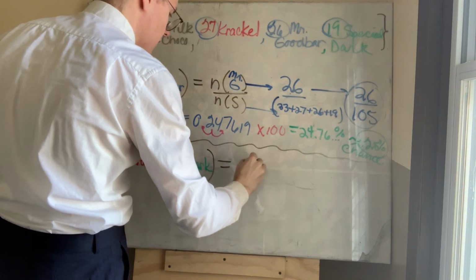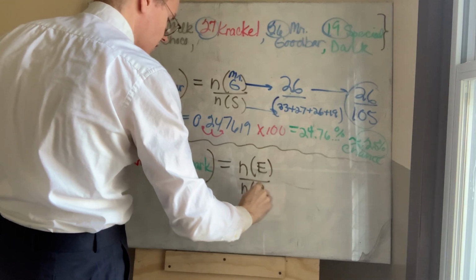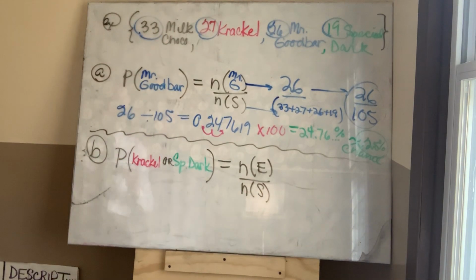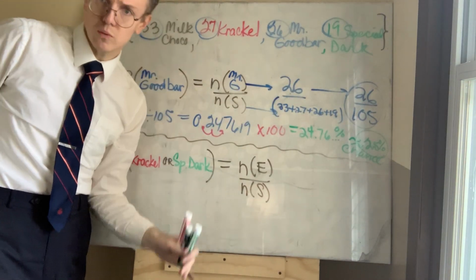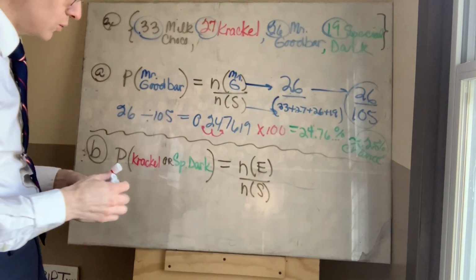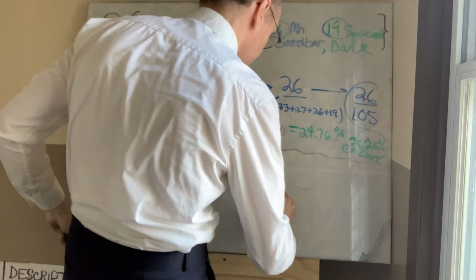And that is still n, its theoretical probability n(E) over n(S). The number that we had gotten from adding all of the individual pieces is still 105. That's not going to change.